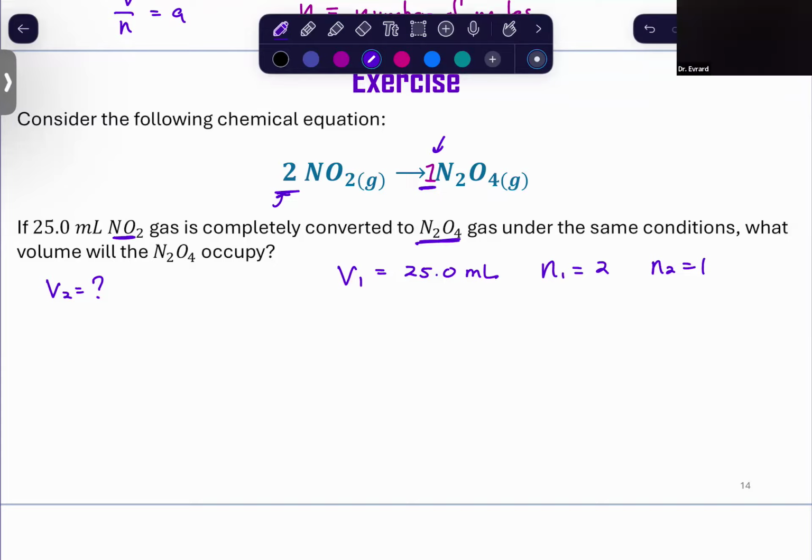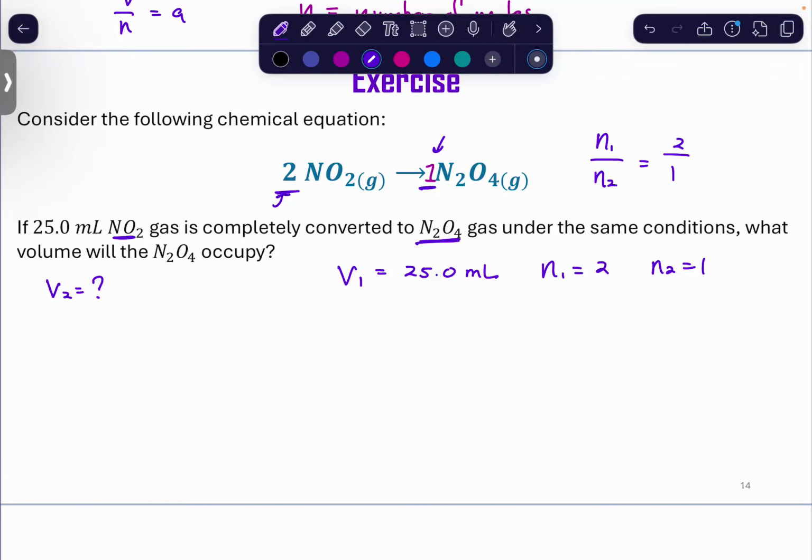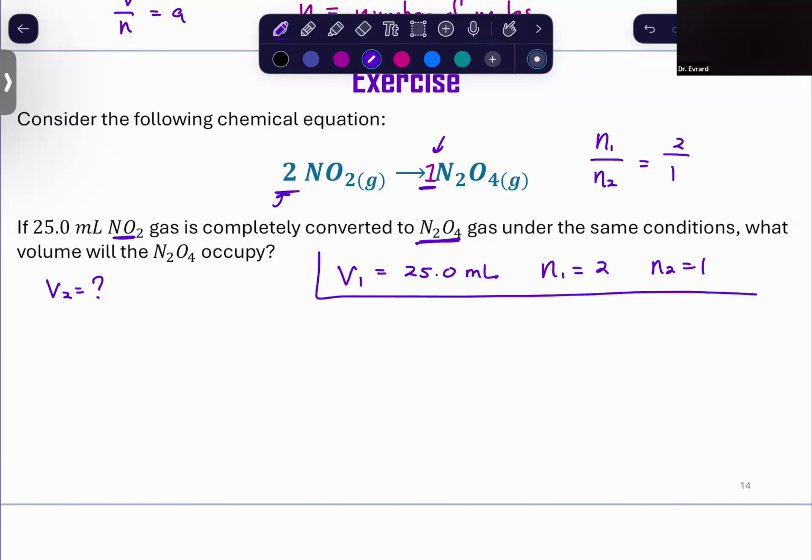So N1 to N2 is going to be 2 to 1. So yeah, you can use the stoichiometry from the chemical equation. So there's our knowns. And let's use logic, starting with PV equals nRT again.